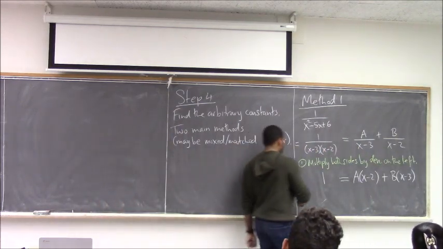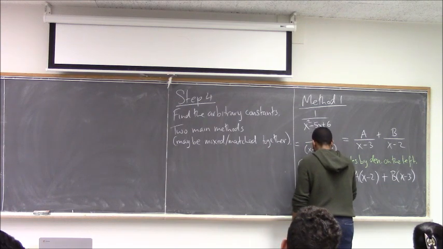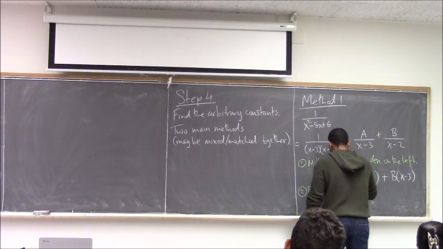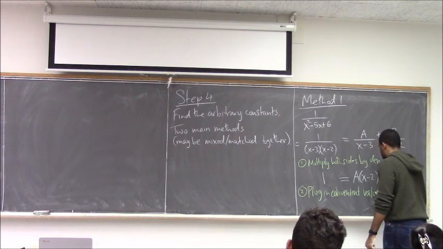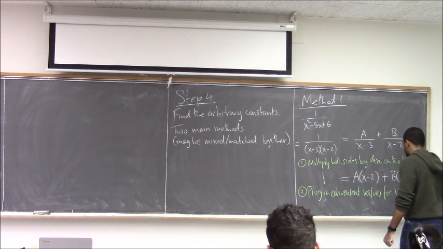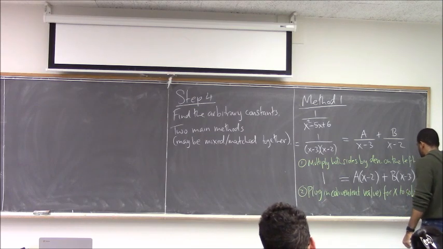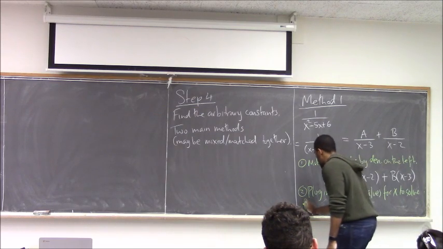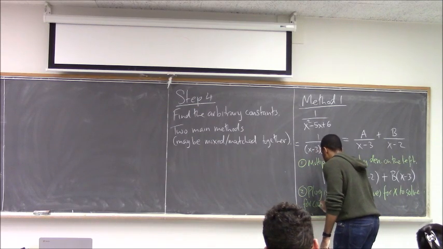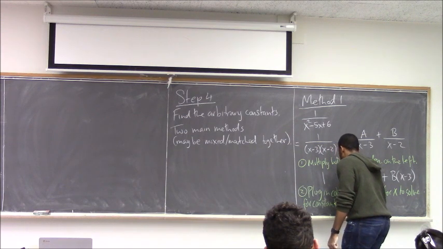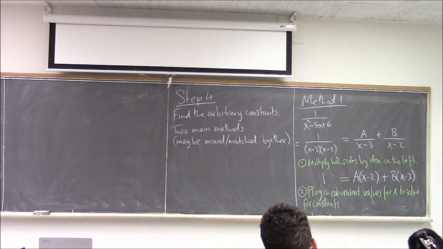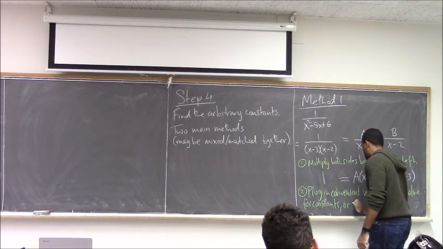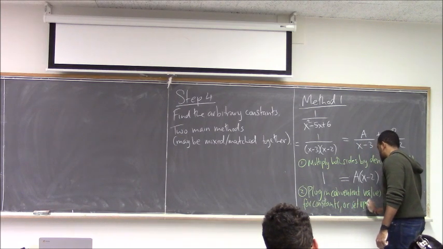Step 2, plug in convenient values for x. Now, sometimes you're able to solve for a constant right away, sometimes not, or you can set up a system of equations.